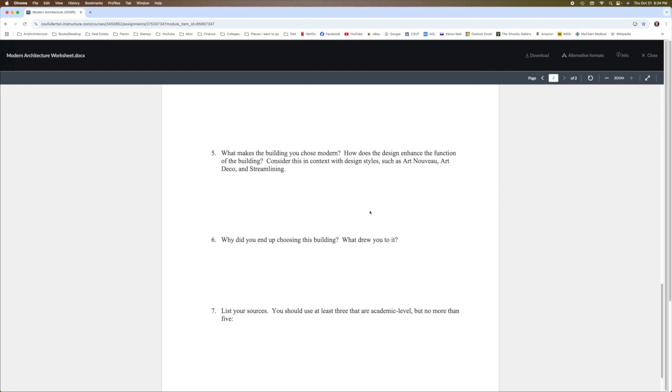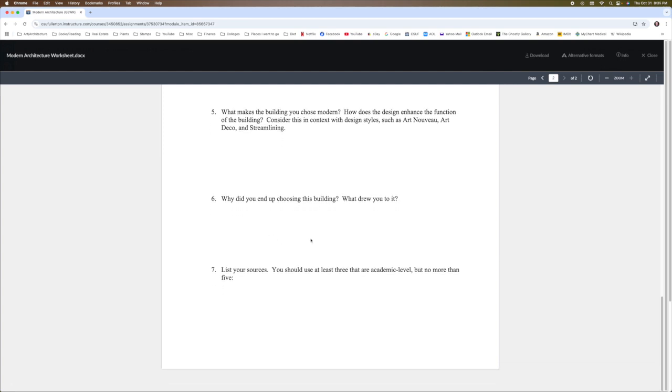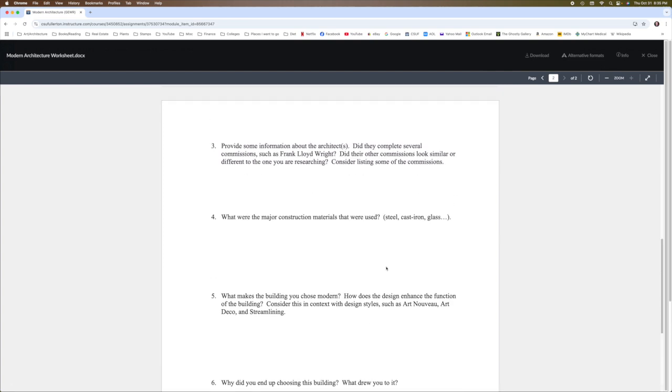Question 5, what makes this building modern? Question 6, why did you choose this building? And question 7, you're looking for 3 academic sources that you used in your research. You don't really need more than 5 because it's just a short worksheet. So minimum 3, maximum 5, no Wikipedia because that's not academic level.